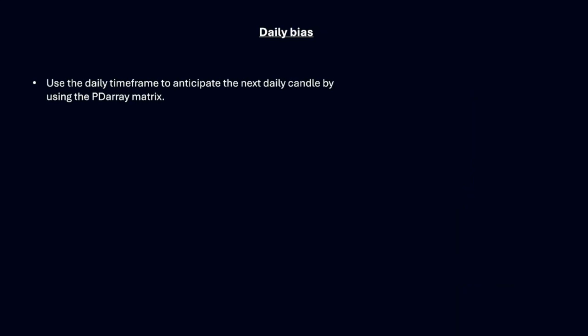Now, daily bias. We'll be talking about the steps you'll take to determine your daily bias. First, use the daily time frame to anticipate the next daily candle by using the PDA matrix. Now, to determine the next daily candle, you can use the weekly and the daily. I didn't include it in the steps, but you're using the weekly, you're using the daily.